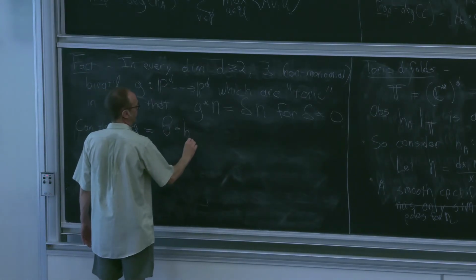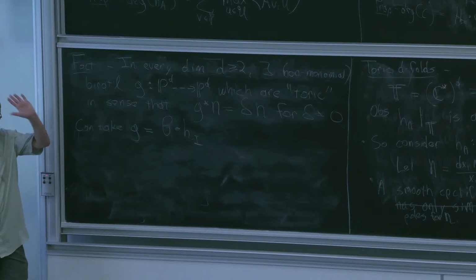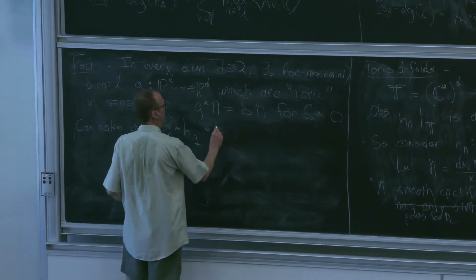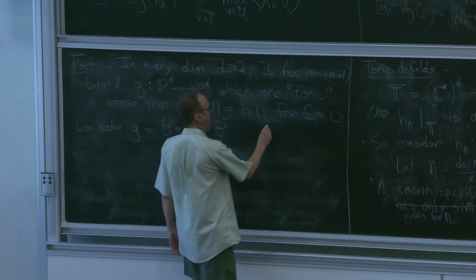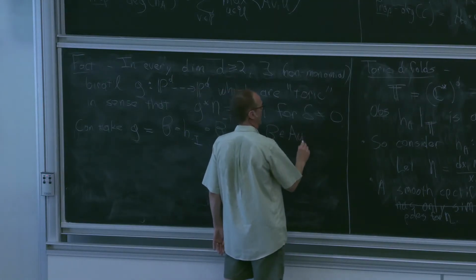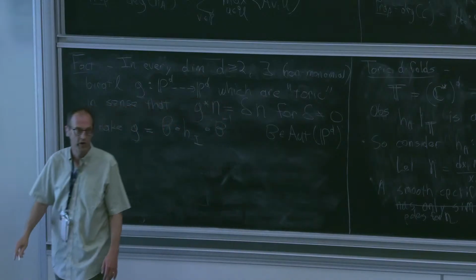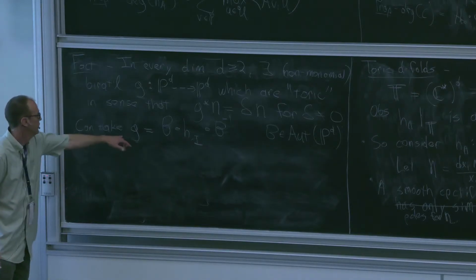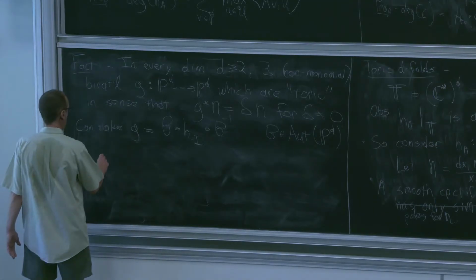You start with a monomial map associated to minus the identity matrix. So this is the standard Cremona involution, and you twist it up, where B is an automorphism of P^D. Okay, not just any B, but there exists B so that this is an example of something like this.